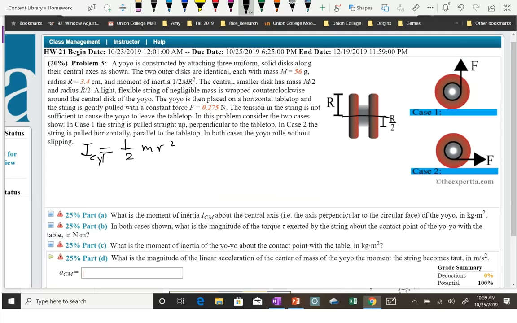And so an obvious question to ask is, how do I find the combined moments of inertia when I have these 3 things? And the answer is to remember the overriding equation for moment of inertia: I is equal to the sum over all pieces of mass i times radius i squared. Remember that equation?